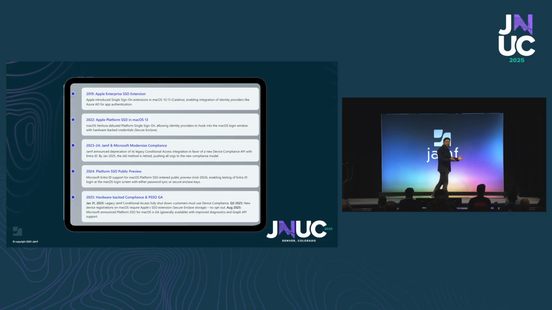During 2023 and 2024, Microsoft and Jamf worked together to make sure the deprecation of the old API works well, and the Conditional Device API is the new way to go. And now we have Platform SSO as well, to make even more certain that we are identifying the user using the device they are supposed to be using, in a way that guarantees that identity.